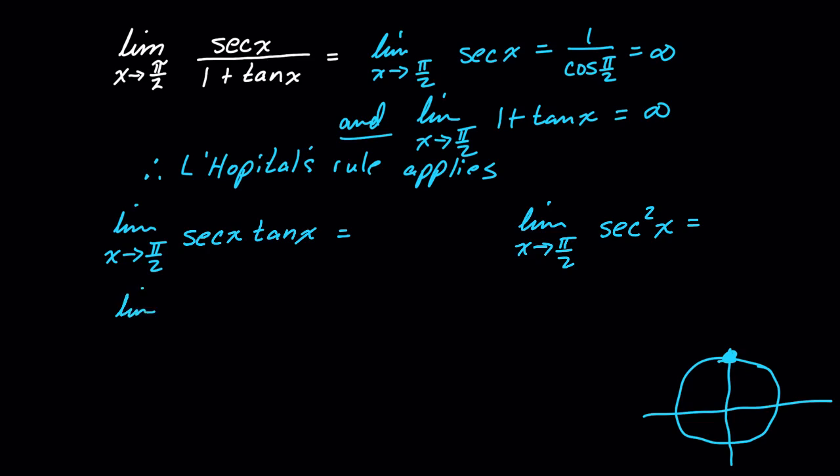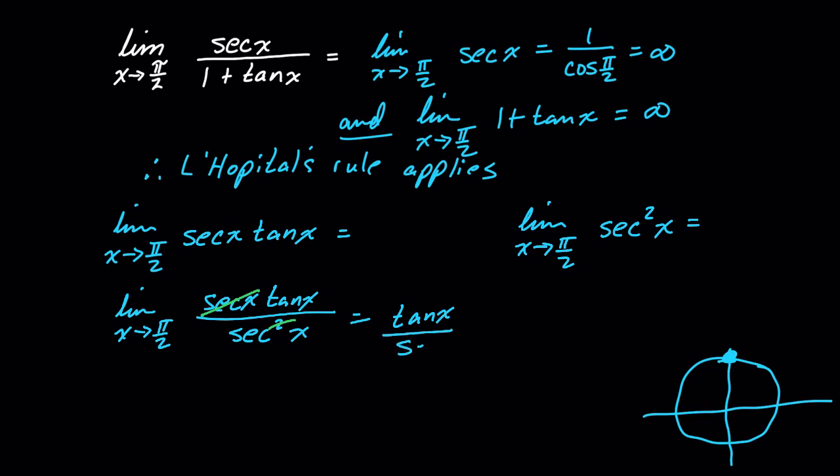This would be the same thing as saying the limit as x approaches pi over 2 of secant x tangent x over secant squared x. Well, we can cancel this secant with one of these. So that's going to give us tangent x divided by secant x.